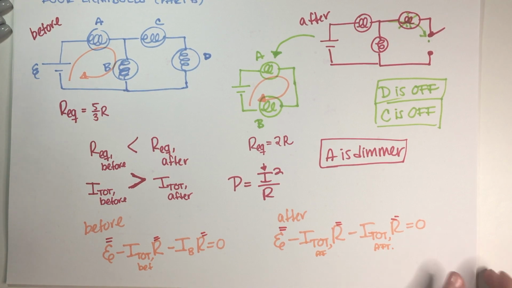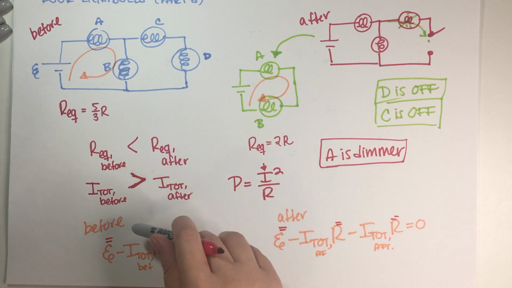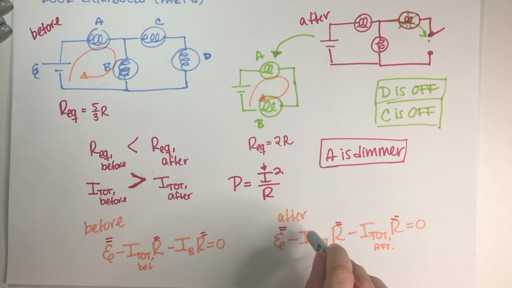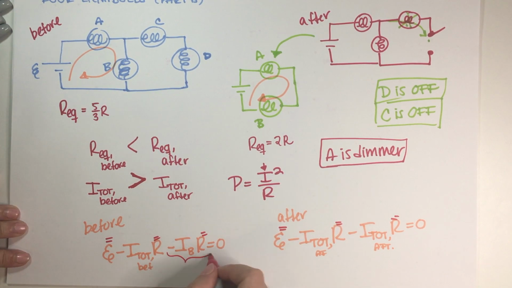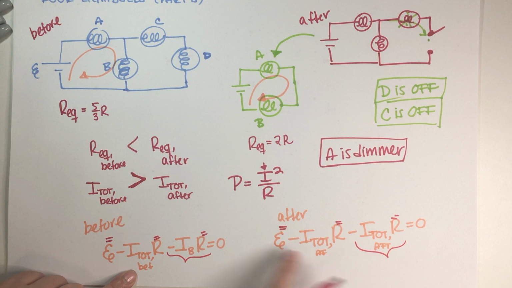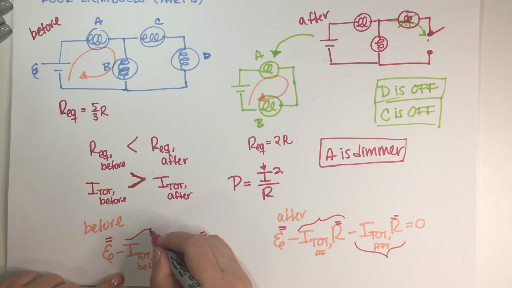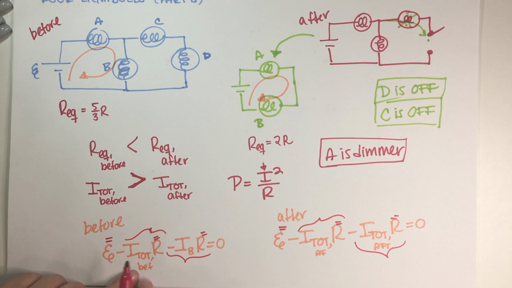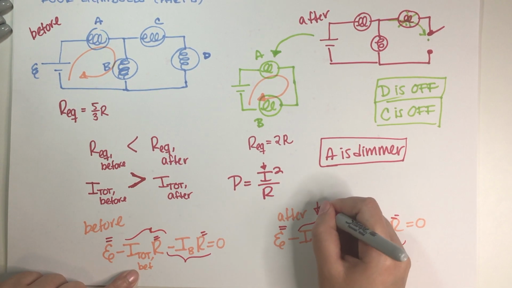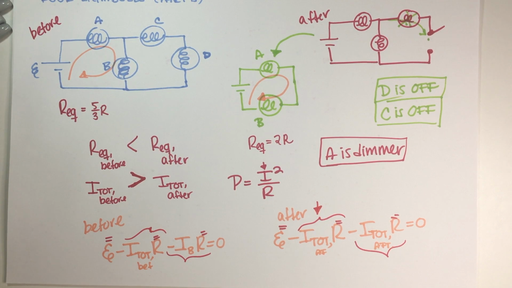So now we basically need to compare how this term compares to this term over here, because I know that before and after, because the current went from high to low, the entire term went down like this, right?